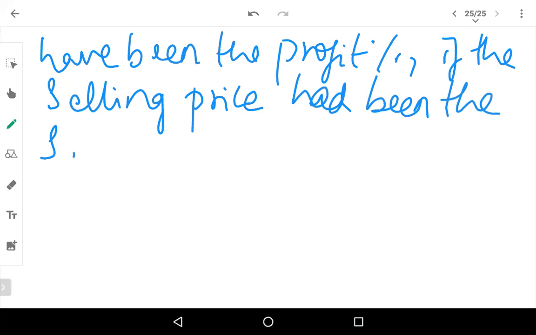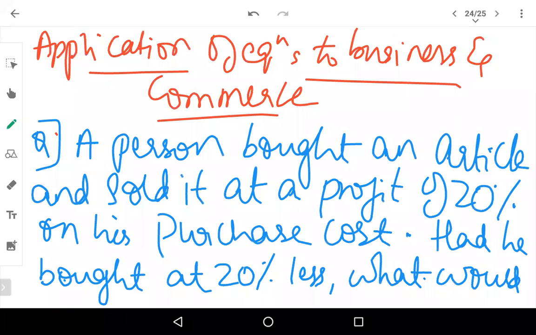So too much English is also used in the question. Let us read the question once again. A person bought an article. Article is a product, anything. He bought and sold it at a profit of 20% on his purchase cost. Suppose he has bought a flower vase at 100 rupees.